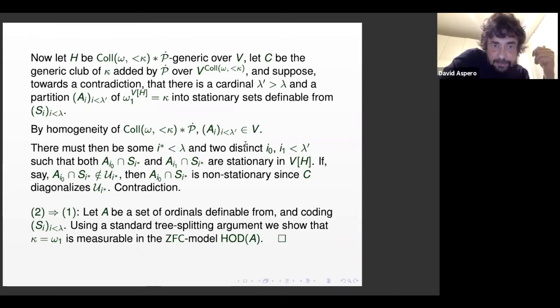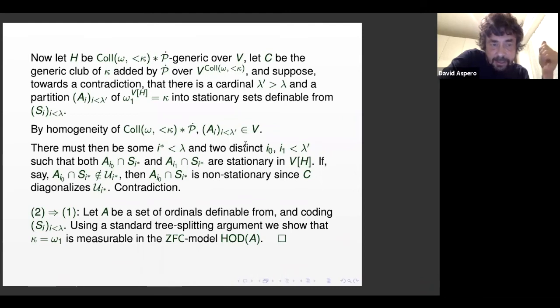Right? So now by homogeneity of this forcing, this construction will be in V. So there must be some I star such that you have two distinct indices, I0 and I1, such that A I0 intersection S I star and A I1 intersection S I star are both stationary in V[H]. So at most one of these intersections can be in the U I star measure.